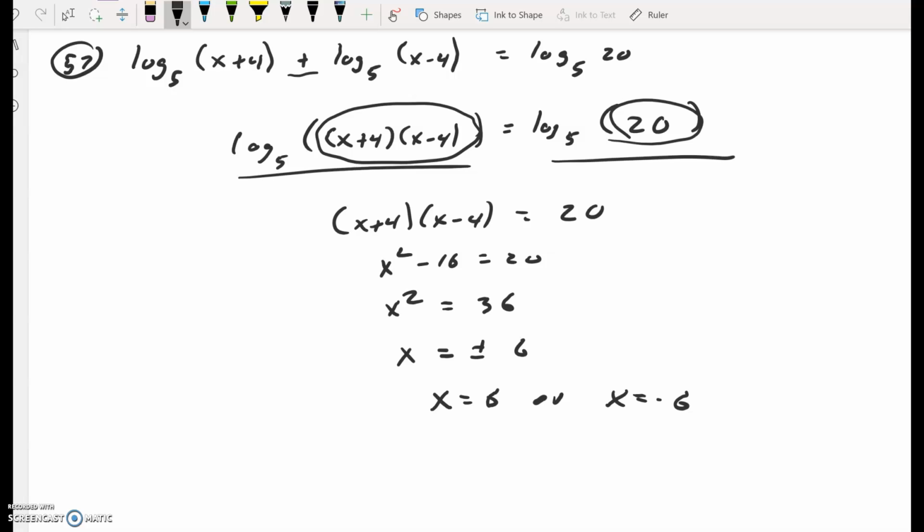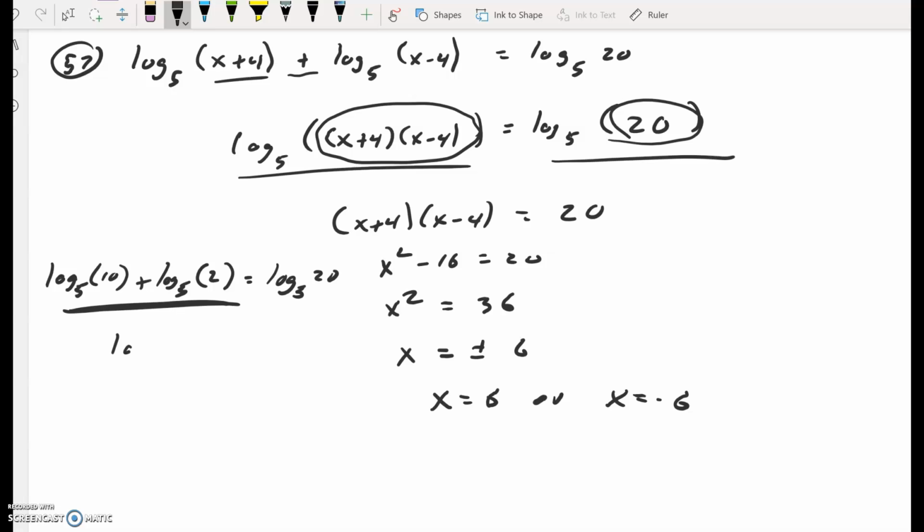So let's try them. Let's try the 6. Log base 5 of 6 plus 4, that's 10, plus the log base 5 of 6 minus 4, that's 2, is supposed to be equal to the log base 5 of 20. But remember, the sum of two logarithms is the logarithm of the product.